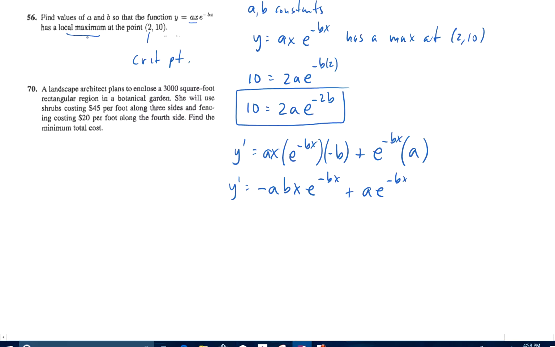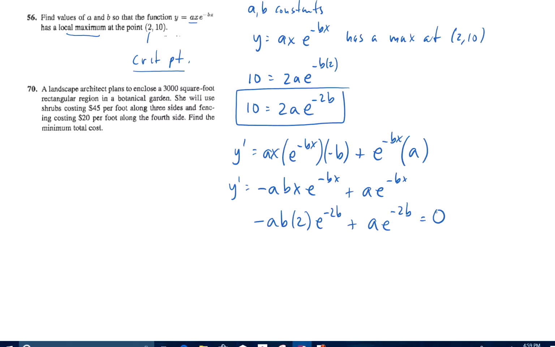Well, if this is a maximum, if this is a critical point, I'd better get 0, right? So let's try that. Negative ab times 2 e to the negative 2b plus a e to the negative 2b. I should get 0 out of that.